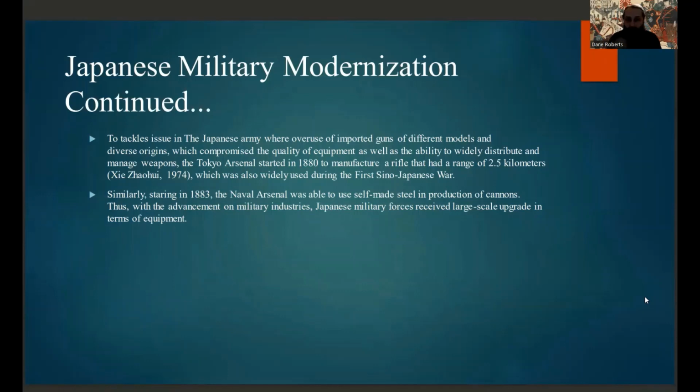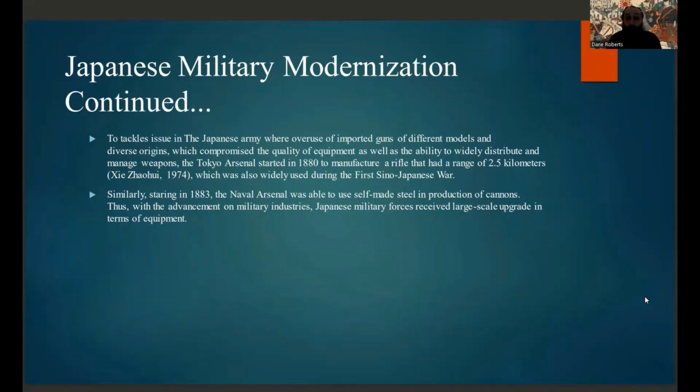The Japanese army and the Japanese arsenals would begin to develop their own rifles in 1880, which had a range of around 2.5 kilometers and was widely used in the First Sino-Japanese War, i.e. they began to standardize the weaponry used by the Japanese military rather than relying on a variety of different weapons.